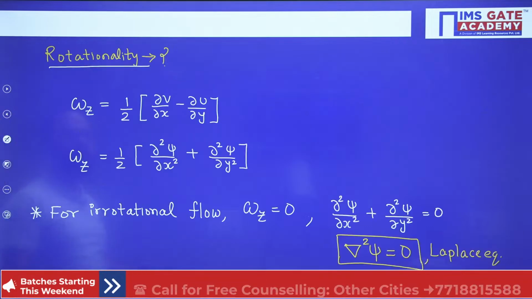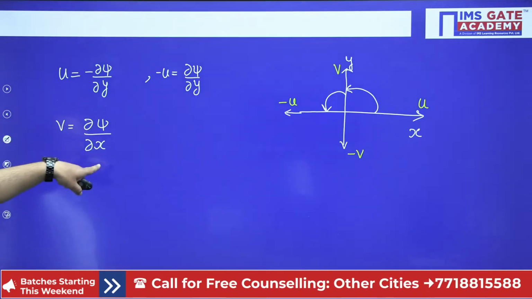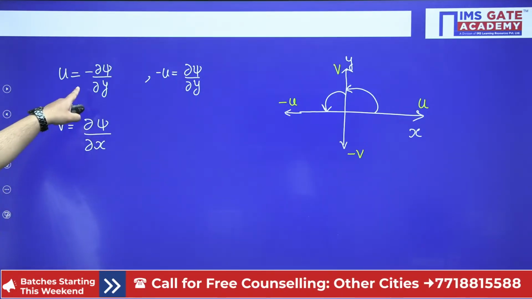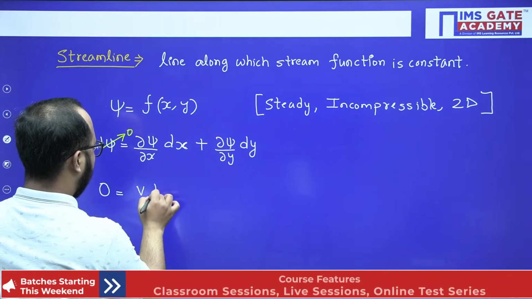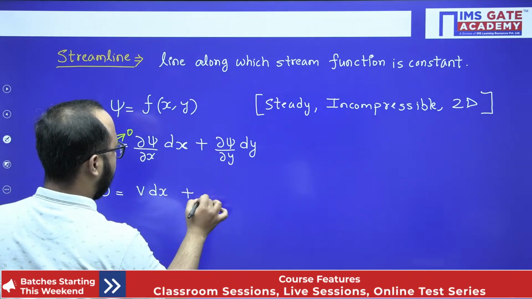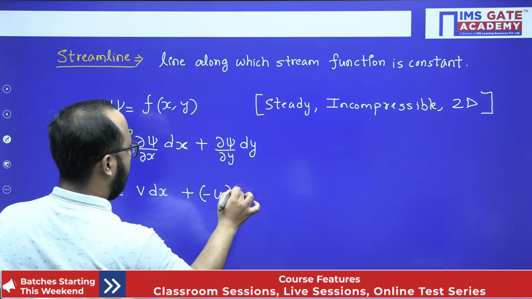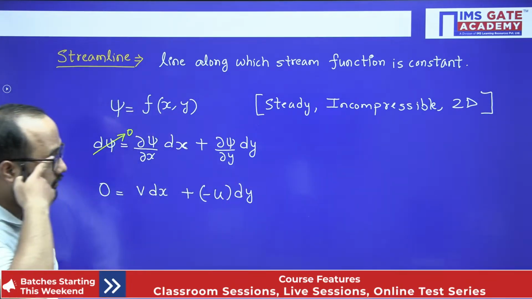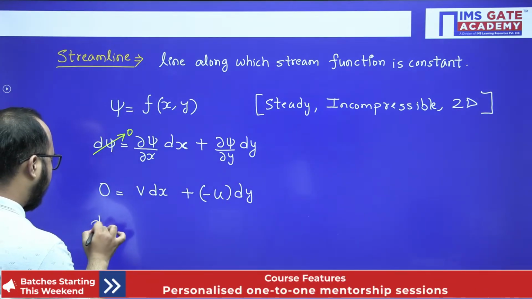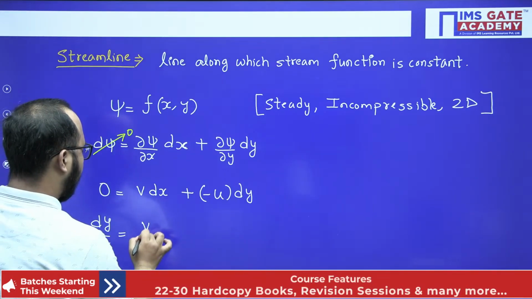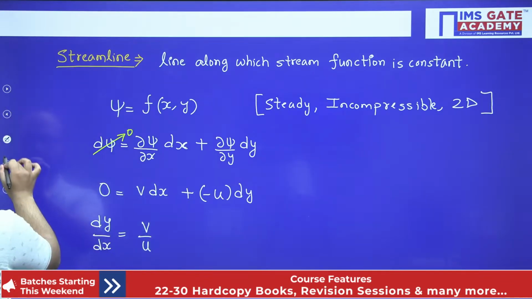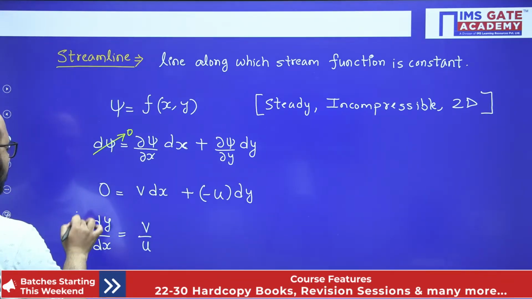Now, very important point: what is dou psi by dou x? See, it is v, and dou psi by dou y will be minus u. So v dx plus minus u into dy, right? Now, dy by dx, that is the slope of the streamline, will be equal to v by u. I hope the point is clear, everyone.